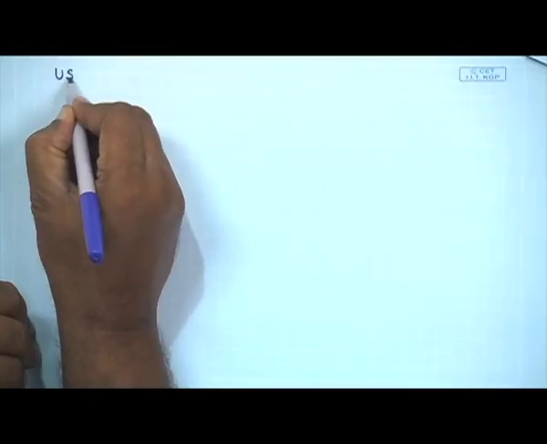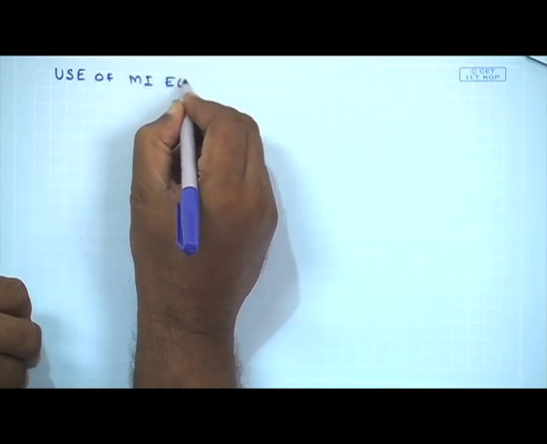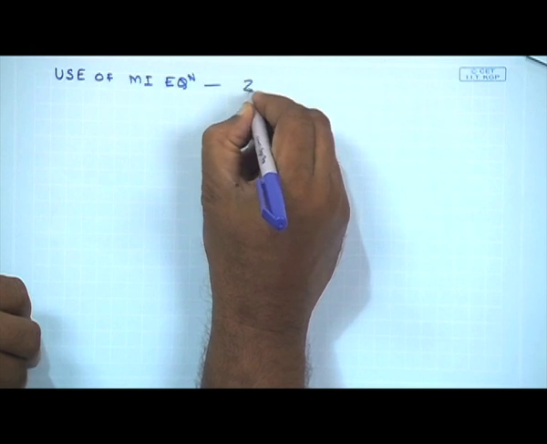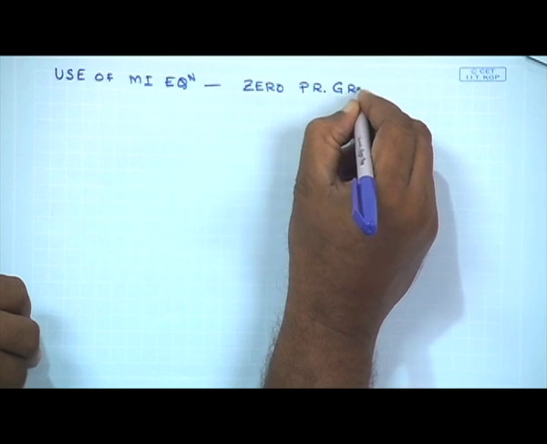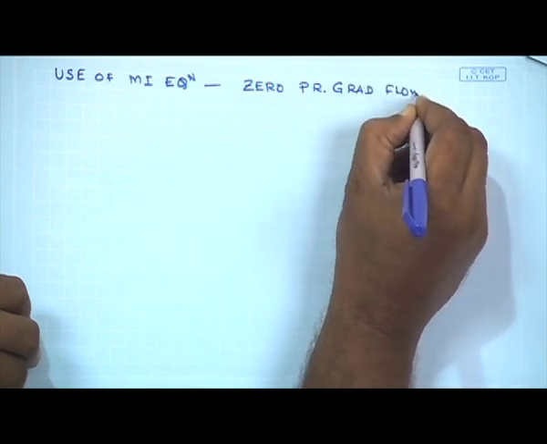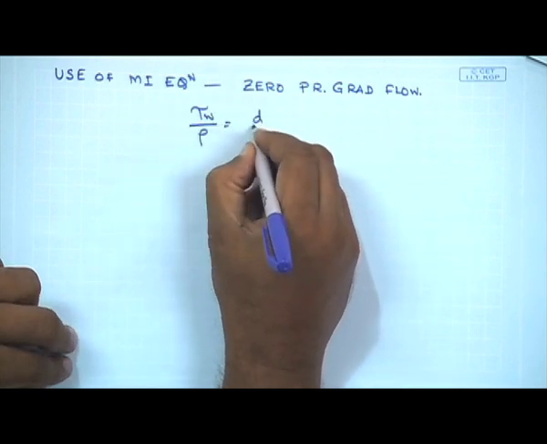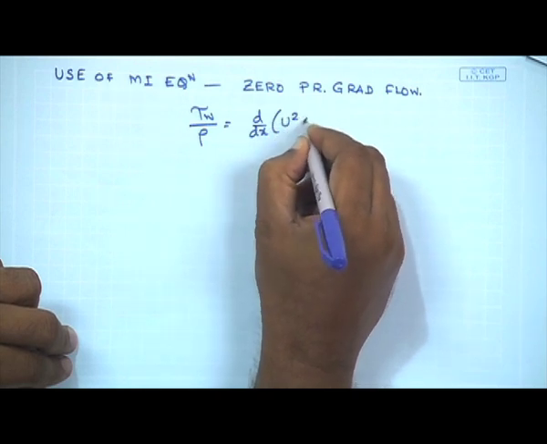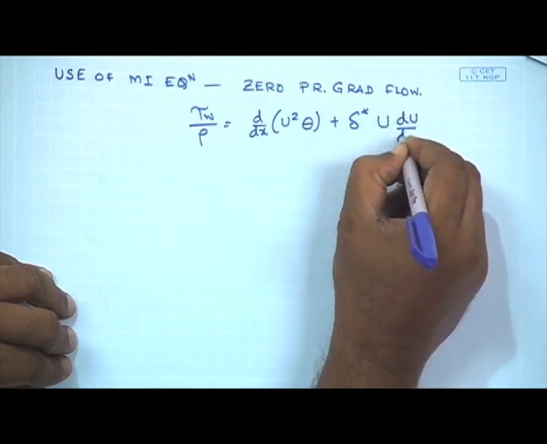So, we start with the simplest case, the use of the momentum integral equation, for 0 pressure gradient flow, and we have tau w, the full form is d dx of u square theta plus delta star u du dx.